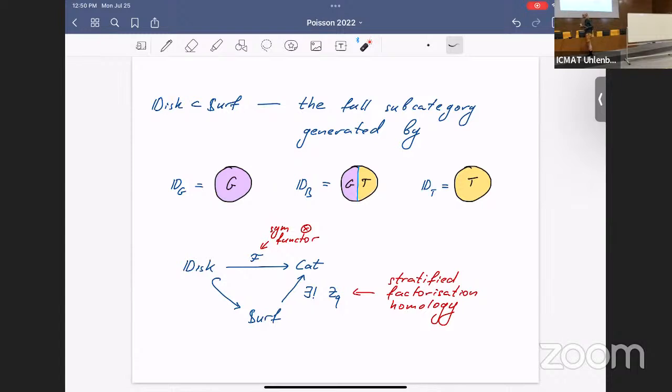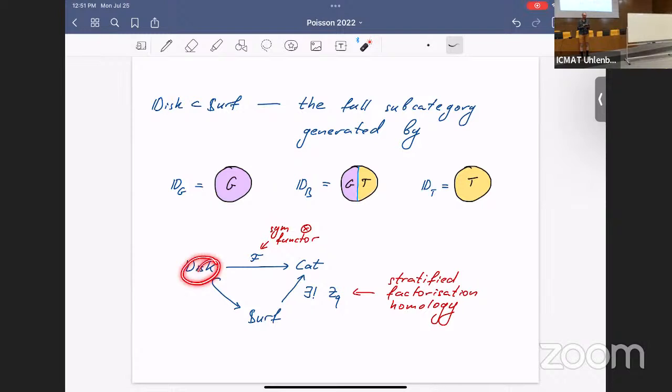And then stratified factorization homology is literally the following universal construction. So first of all, I need to fix some symmetric monoidal functor from this disk category to that gadget here. So this gadget here has a name, but the gist of it is that objects are two categories, and one morphisms and two morphisms are, sorry, universal natural transformations, right?